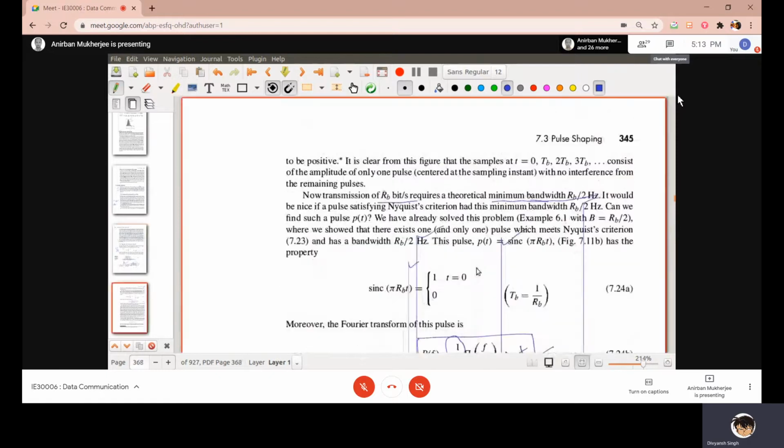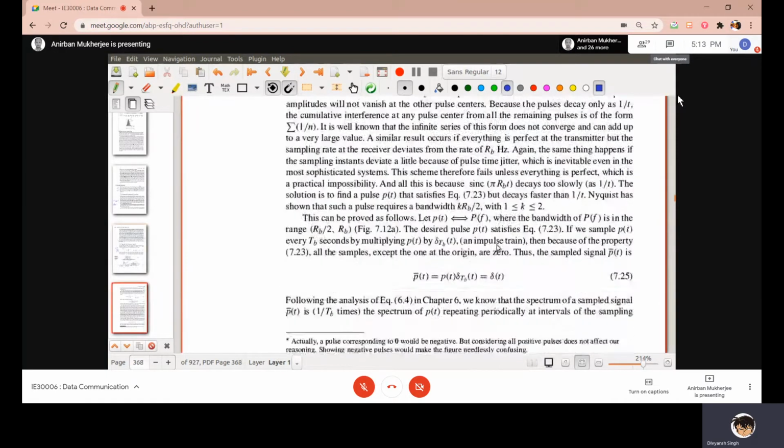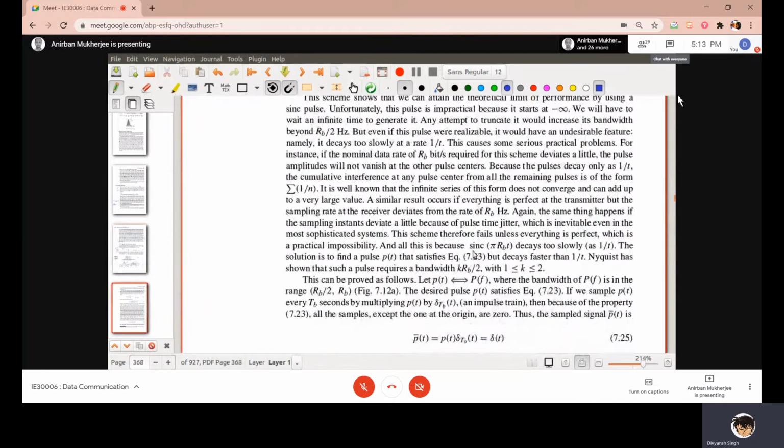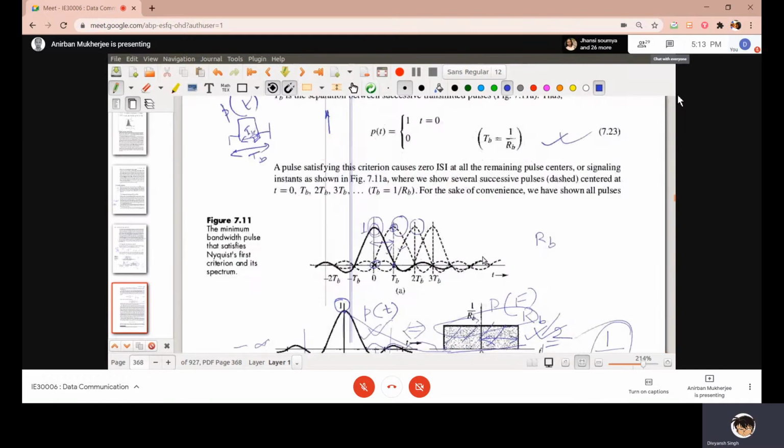So the point is that sinc of pi RB t decays too slowly as 1 by t. Now the solution is to find a pulse p(t), okay, that satisfies equation 7.23. What is equation 7.23?